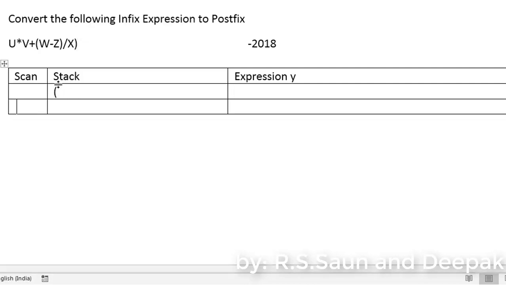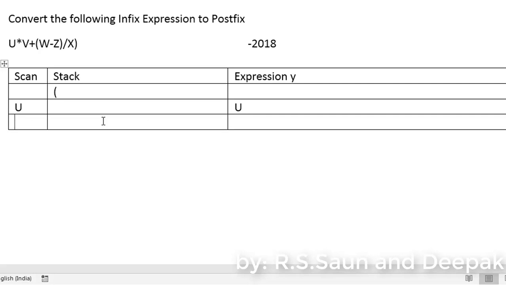Now after doing this, you have to scan an element, that is U. U is an operand, so it goes straight to the expression. Any problem in this? If you encounter any operand, you have to straight away push it to the expression.